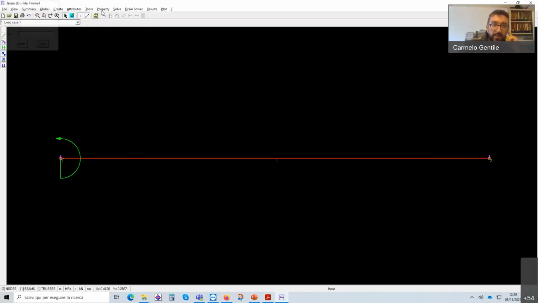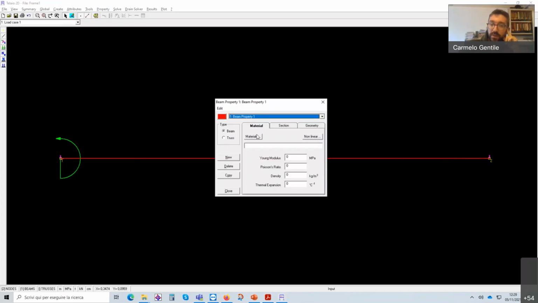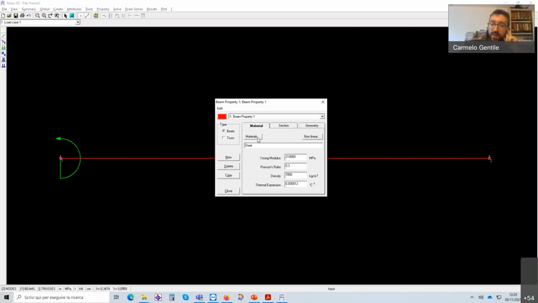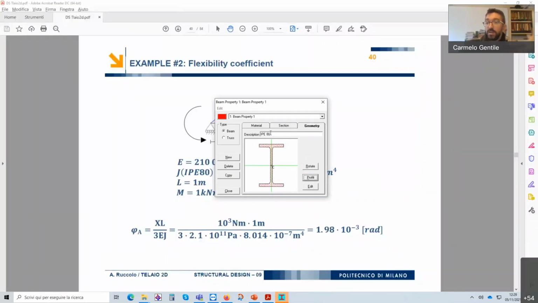And finally, the properties of the beam. We said that it is steel, so material still. And the section is an IPE80. So we go on geometry, profili. IPE80 is the first one that appears. Okay, close.